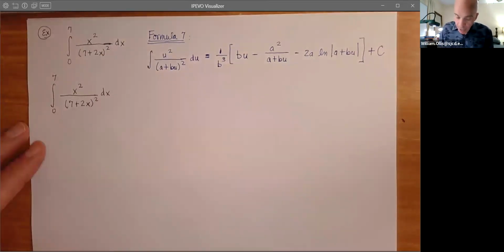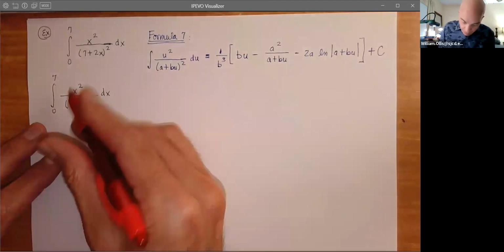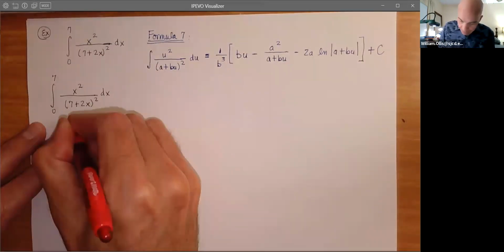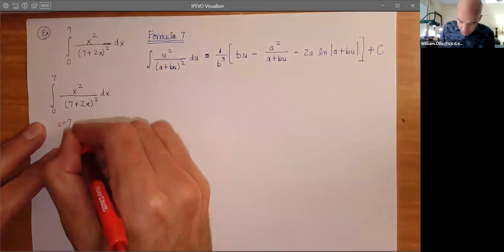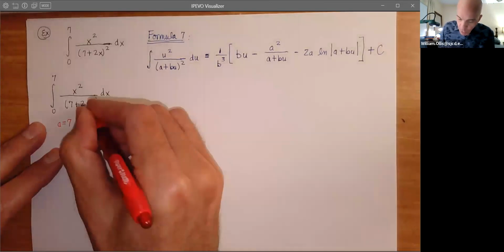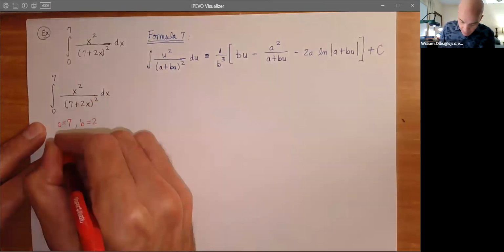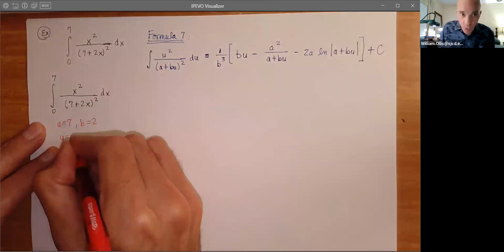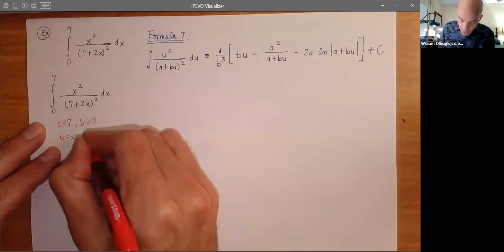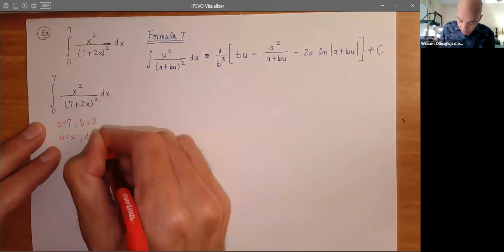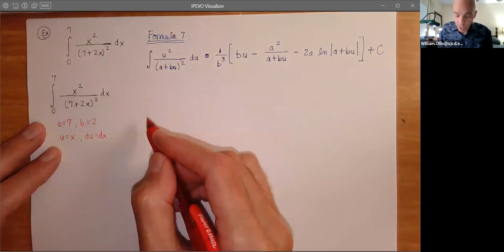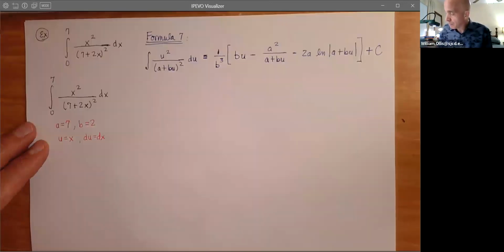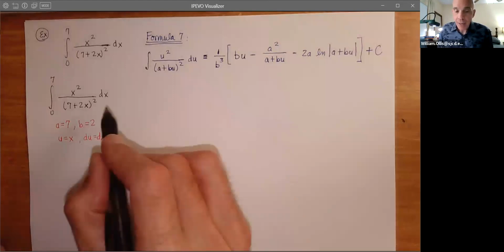Note here that our a is 7 and the b is 2. And of course the u is x. So just making a direct comparison, du equals dx. And then of course we have u squared, x squared in the numerator, so no other coefficients hanging out. So this one's ready to apply.